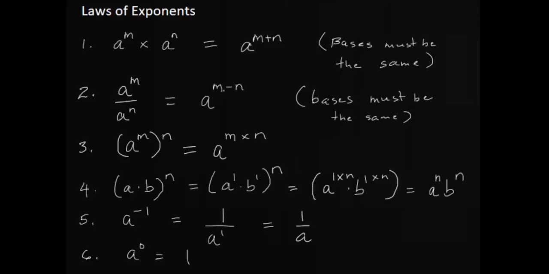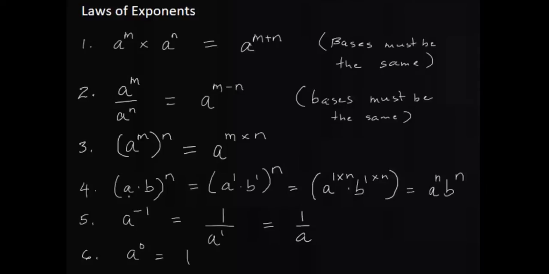That is the top one minus the bottom one. The next one says if you have a term within brackets raised to the power of n, it can be simplified as the term within the bracket with the exponents multiplied.